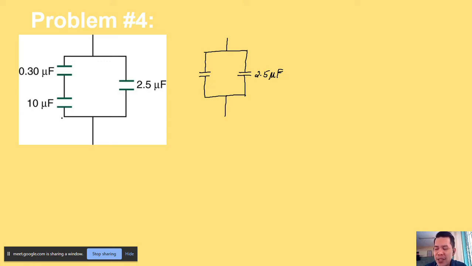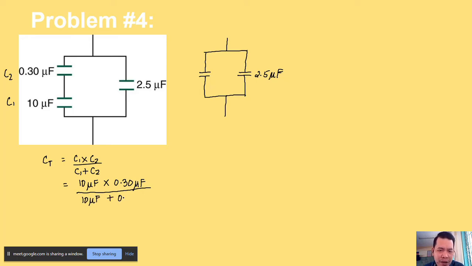So since dalawa lamang po sila, we can use the formula C sub T. Let me denote this one as C sub 1, at ito naman kay si C sub 2. So C sub T equals C sub 1 times C sub 2 divided by C sub 1 plus C sub 2. Substitution, C sub 1, that's 10 microfarad, times C sub 2, that's 0.30 microfarad, divided by C sub 1, it's 10 microfarad, plus C sub 2, that's 0.30 microfarad.